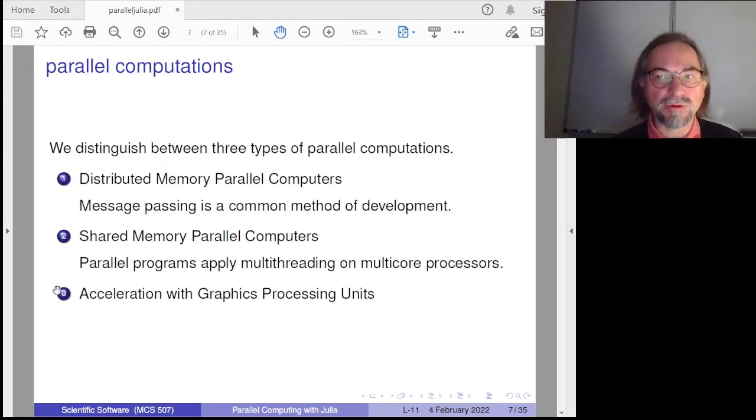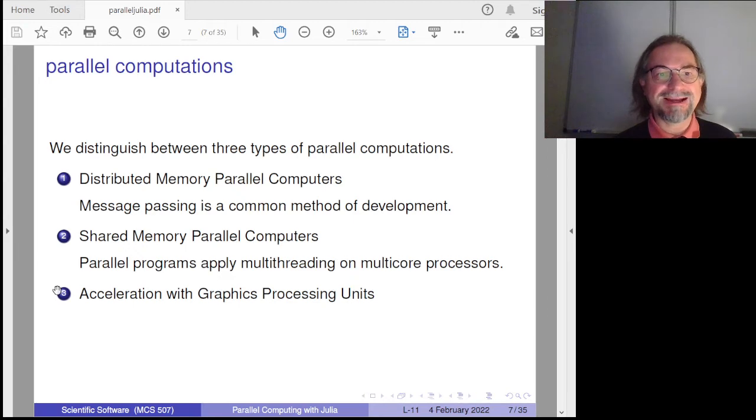When we talk about parallel computations, we distinguish between 3 fundamental types of parallel computing. We have the computers connected in a network together. One can still use this in one single computer, even though the memory is then shared by all the processors.